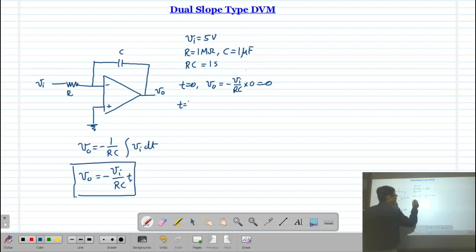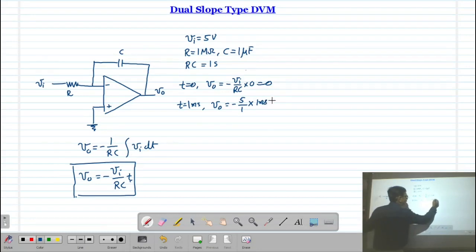Now at t equal to 1 millisecond, the output voltage will be minus 5 divided by 1 second, into 1 millisecond, so this comes out to be 1 millivolt.